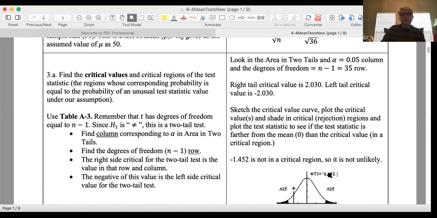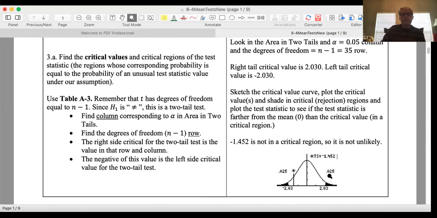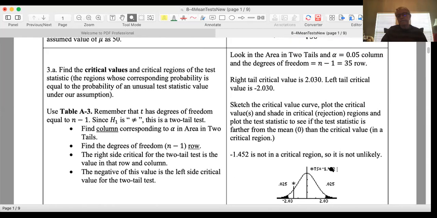When we deal with critical values here, remember that if H0 tells us it's a one-tailed test, a left-tailed test, we're going to have one critical value on the left. If it's a right-tailed test, one critical value on the right. If it's a two-tailed test, one on each side of the mean. And this is a two-tailed test, so we're going to have one critical value on each side of the mean.